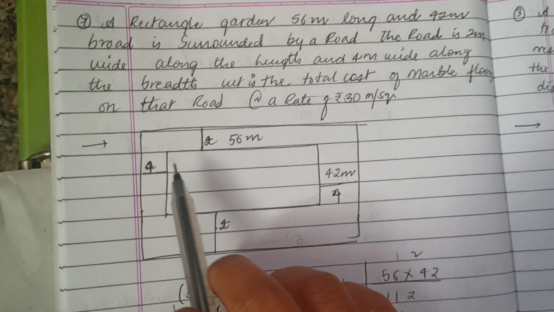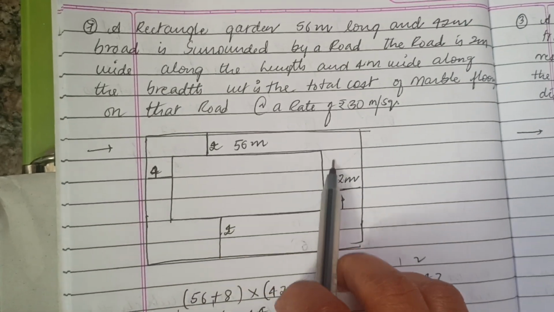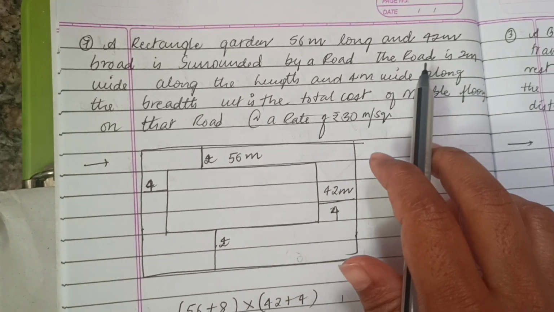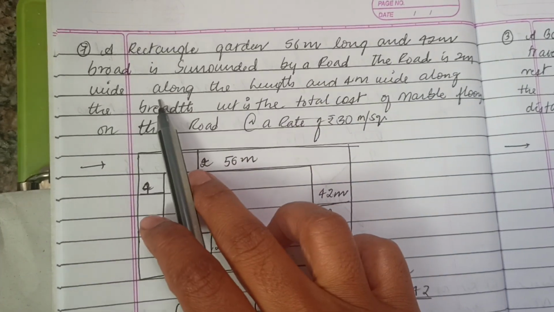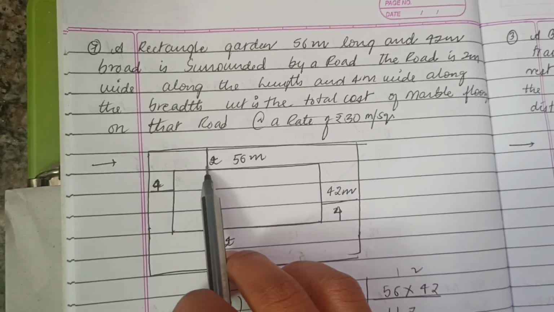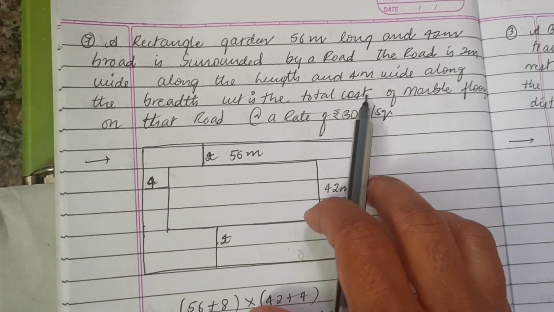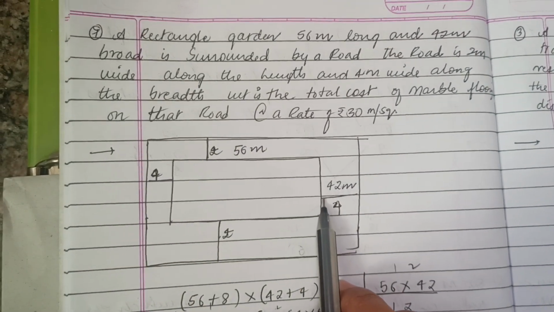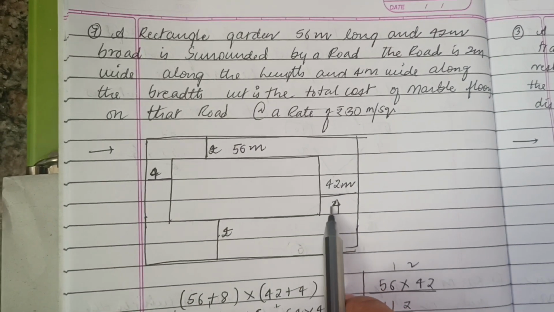If we consider this as the rectangular garden and this is the road, the road is 2 meter wide along the length, and it is 4 meter wide along the breadth.